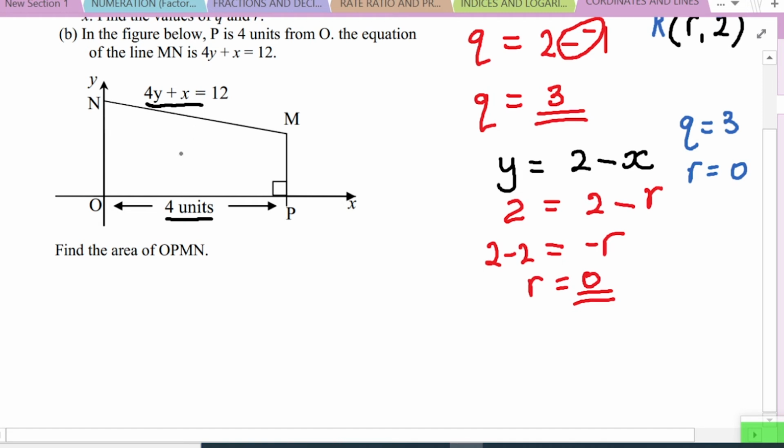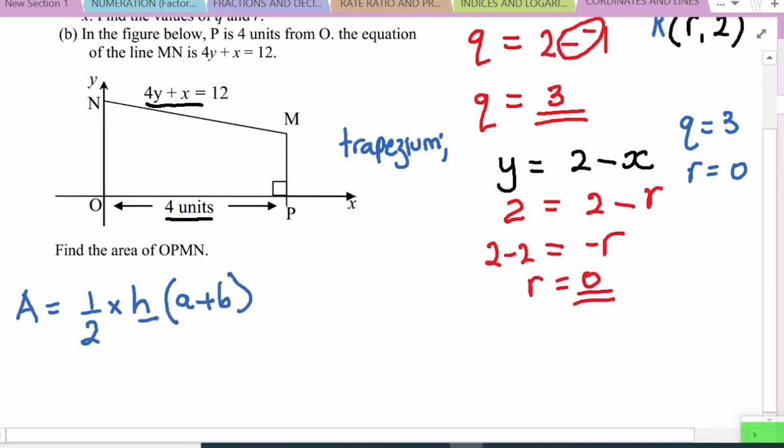Now, when you look at OPMN, actually OPMN is a trapezium. So how do we find the area of a trapezium? The area of a trapezium is given by a half times the height into (a plus b). Now what is the height?